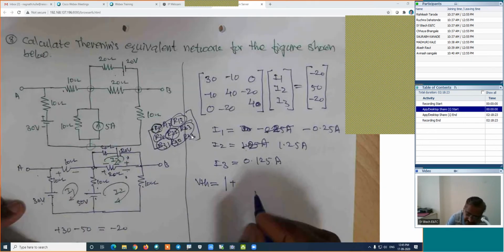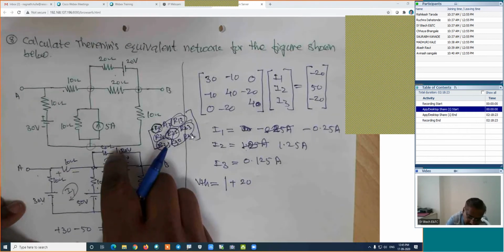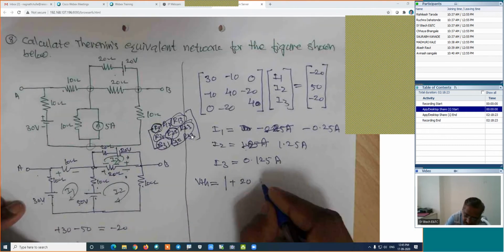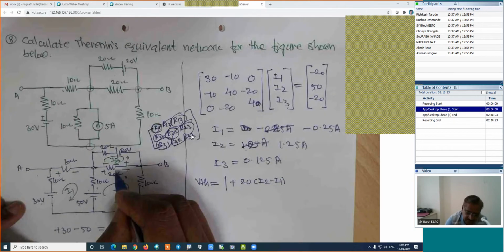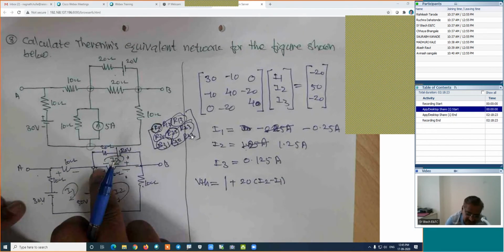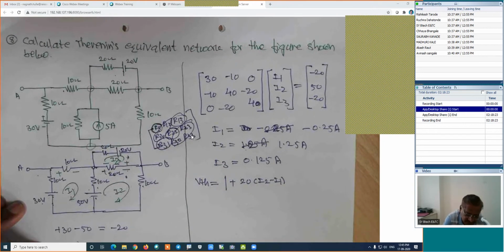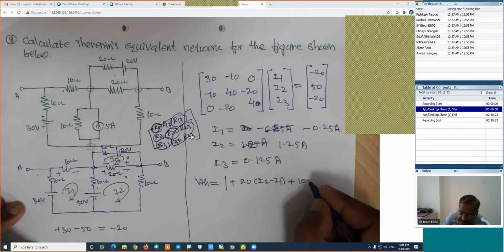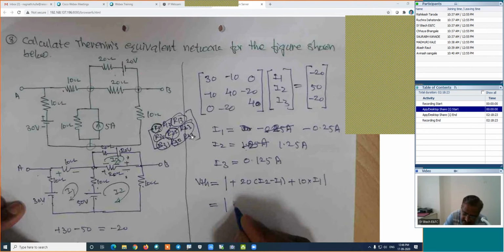How much is the value? 20 into the common branch for both, 20 into. If I am following the sign convention of I2, then it will be I2 minus I1 because both directions are opposite. If we are following this sign convention, this is the main current, this is the sub current. Resultant will be something like this. The negative to positive, which is a plus, its resistance is 10 into its current, which is I1, equal to 20.